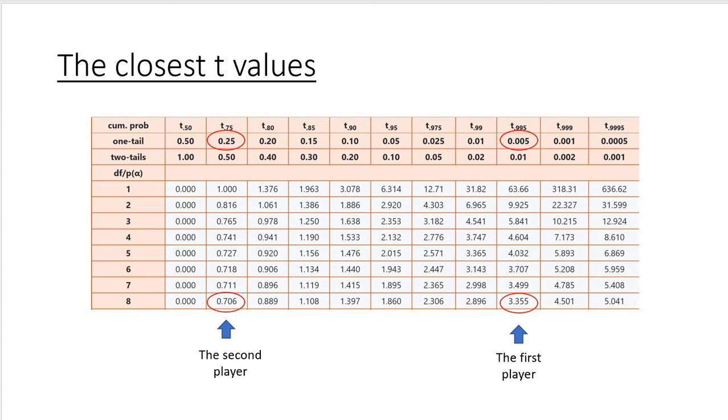So that's why, just to stay on the safe side, I would pick the lower value. And here the respective value of alpha for a one-tailed test is 0.25. So this means that I can reject the null hypothesis only at the 25% significance level, which is not enough.